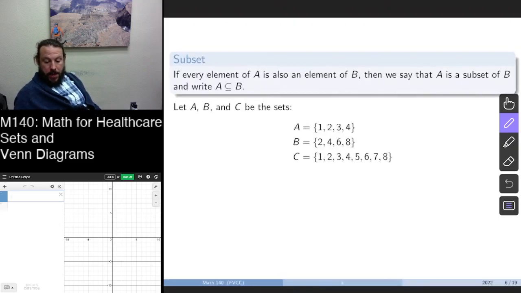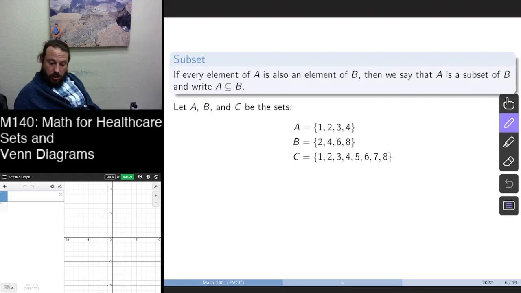All right, now let's see. If we have these three sets, can we tell which are subsets of others? Okay. Well, C is clearly not a subset of A or B because it has too many elements.